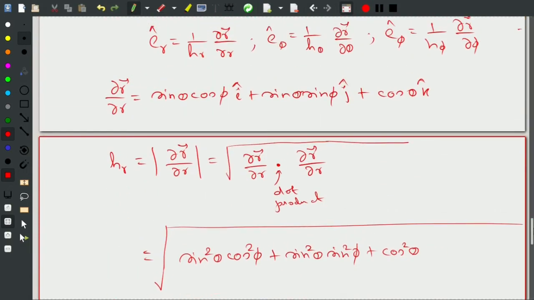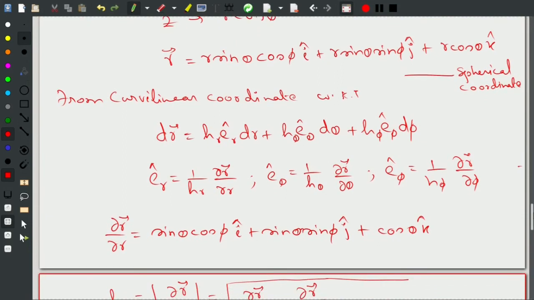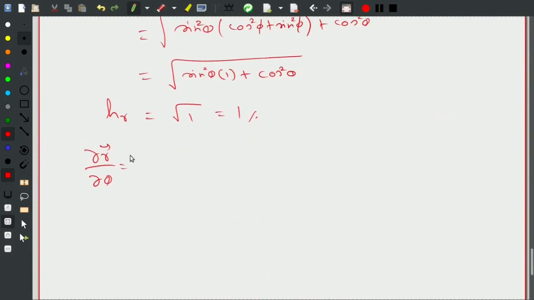So from this we can find the expression for r. So we have to differentiate it with respect to θ. So we have r cos θ cos φ î plus r cos θ sin φ ĵ.